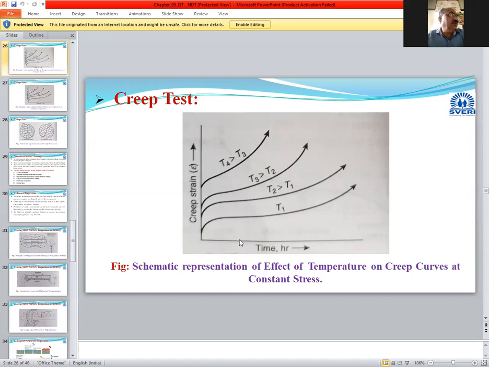As temperature goes on increasing, the creep strain goes on increasing, as you can see from the graph. T1 is less than T2, T2 is less than T3, and T3 is less than T4. Every time the graph is going up. That means temperature effect is always there in the creep test, on creep strain. Okay, next.